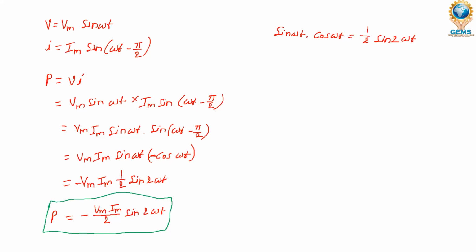We already discussed this one in the previous class. I told in case of a resistor, power equals Vm Im by 2 minus Vm Im by 2 into cos 2 omega t.